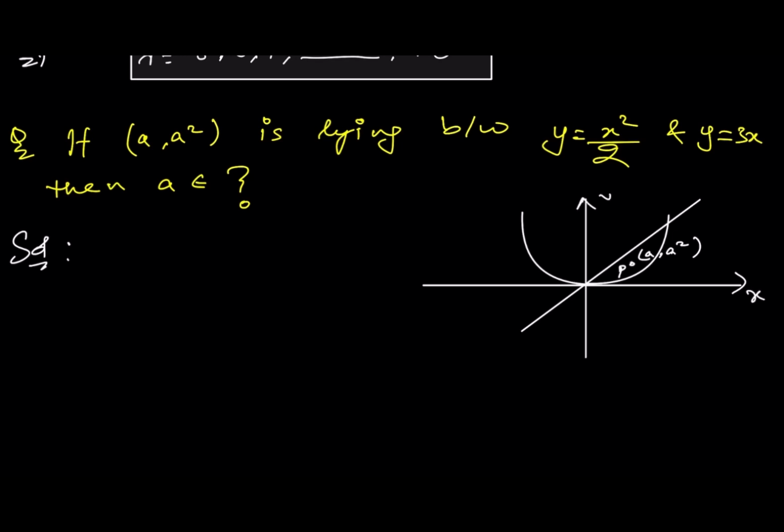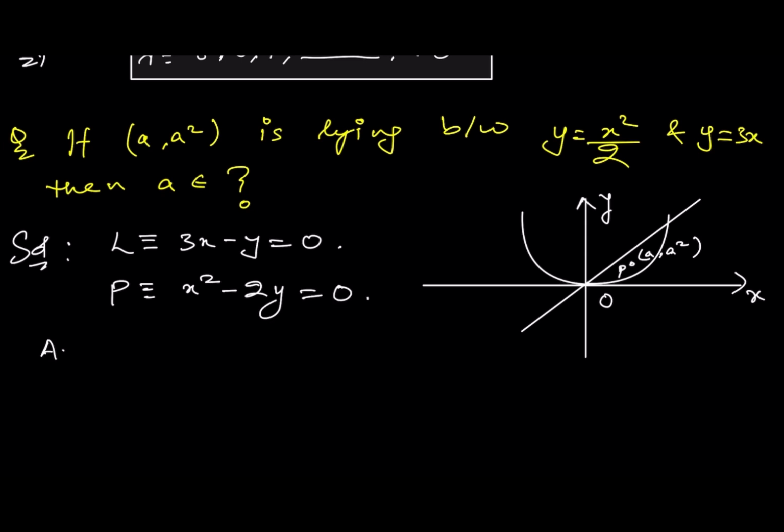Now I am extending the concept from line to curve. As this point is lying in this region, it is above the parabola but below the line. So if the line is 3x minus y is equal to 0 and the parabola is x square minus 2y is equal to 0.